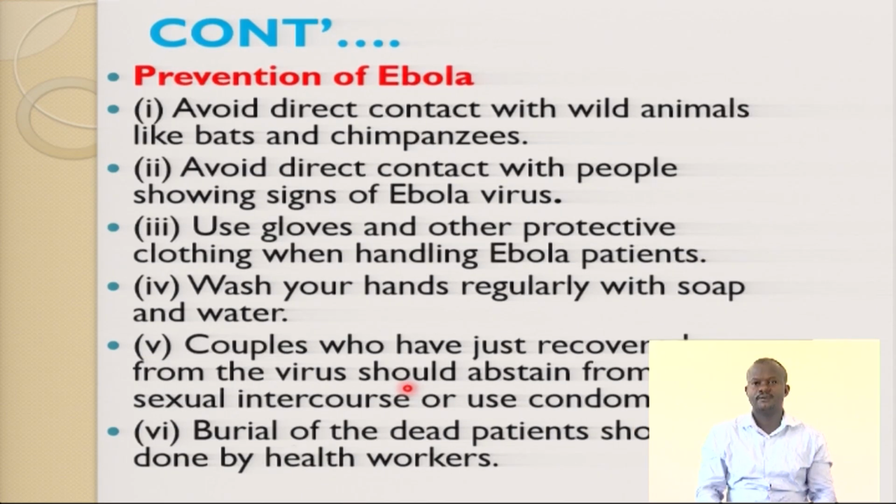So let's have the prevention of Ebola. How can you prevent Ebola? Avoid direct contact with wild animals like bats and chimpanzees, because we said bats and chimpanzees are the main agents of Ebola disease.